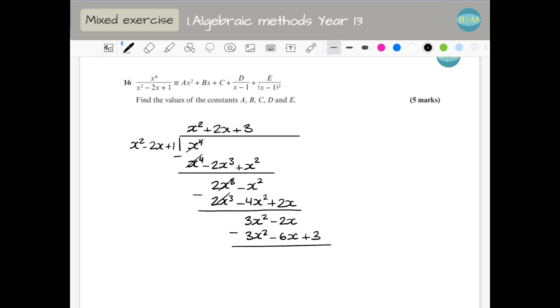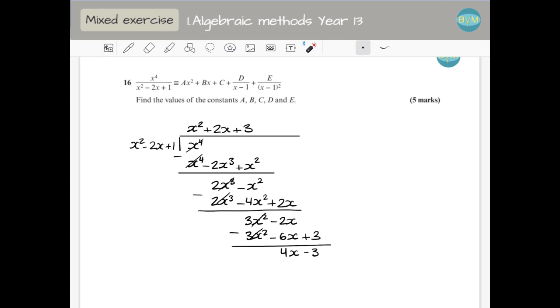And again, I subtract. These two are gone, and then I have minus 2x minus minus 6x, which is 4x, and 0, which is my constant term here, minus 3 is minus 3. And I cannot divide more, because this is x and this is x squared. So this is going to be my remainder. What does it mean?